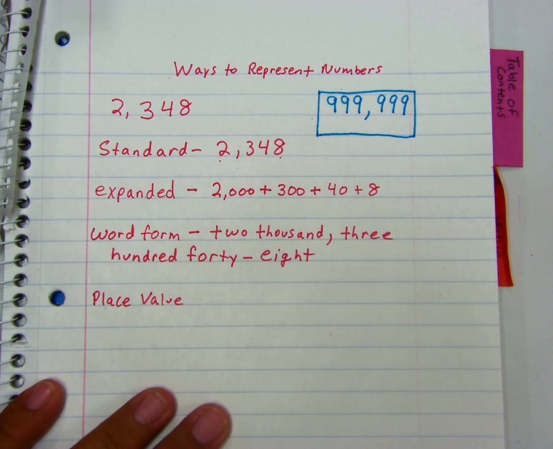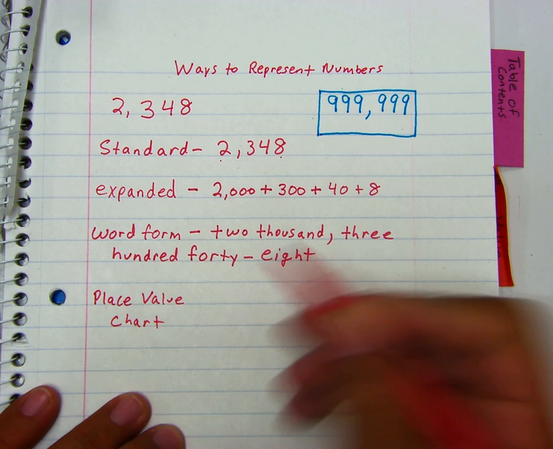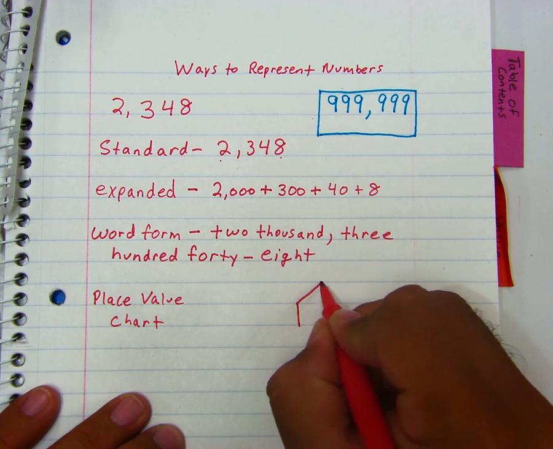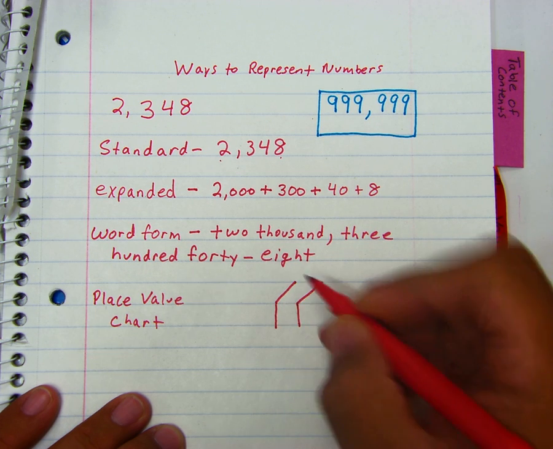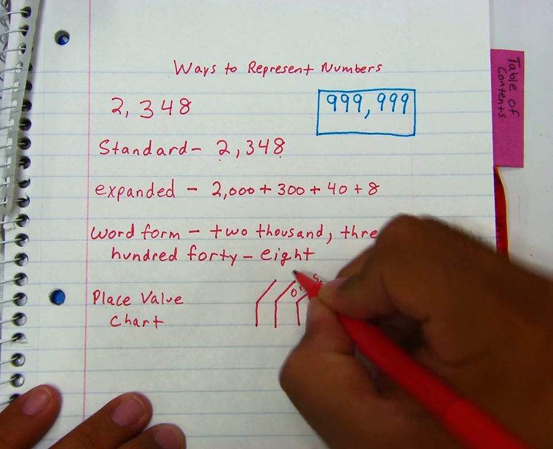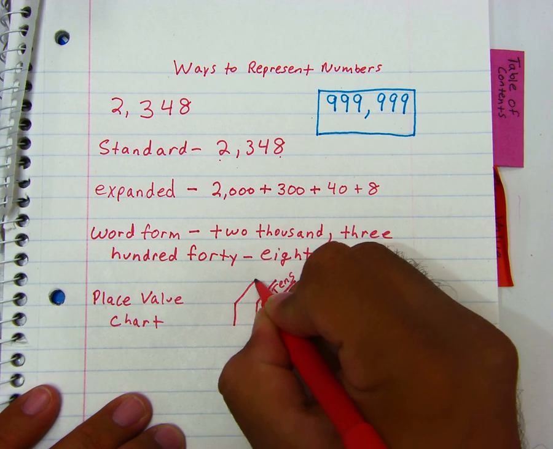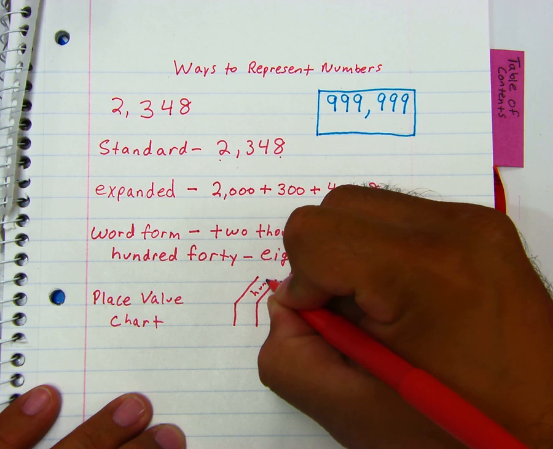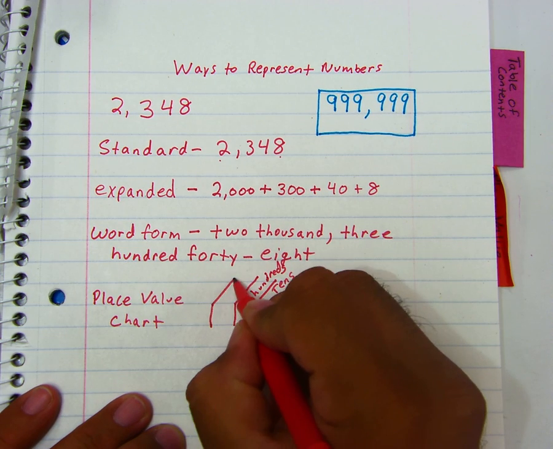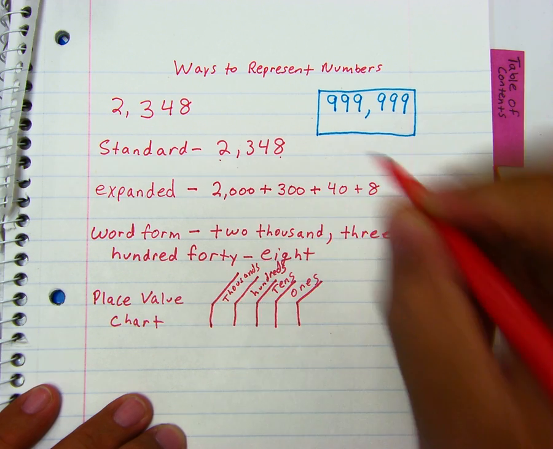So let's go ahead and continue on with our place value. Now, what we have to do next is we're going to write the place value chart for this. So I'm going to go ahead and start right here. This is going to be my ones place, my tens, my hundreds, and finally my thousands.